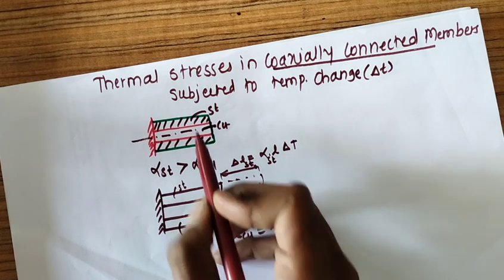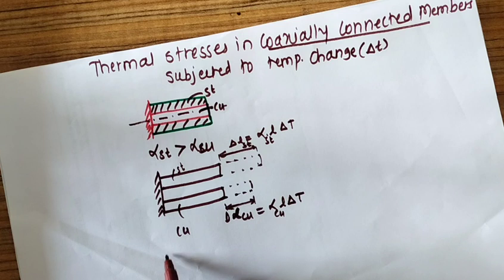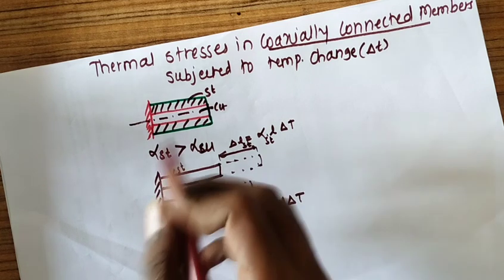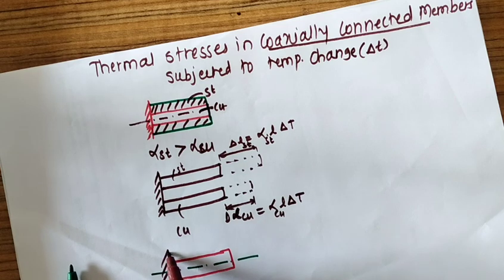But what happens if these two are connected together? To understand that, we assume again the same diagram, our original one. Here this is your axis, and this one is, let's say, the copper bar at the center, and this copper bar at the center is surrounded by a steel bar.